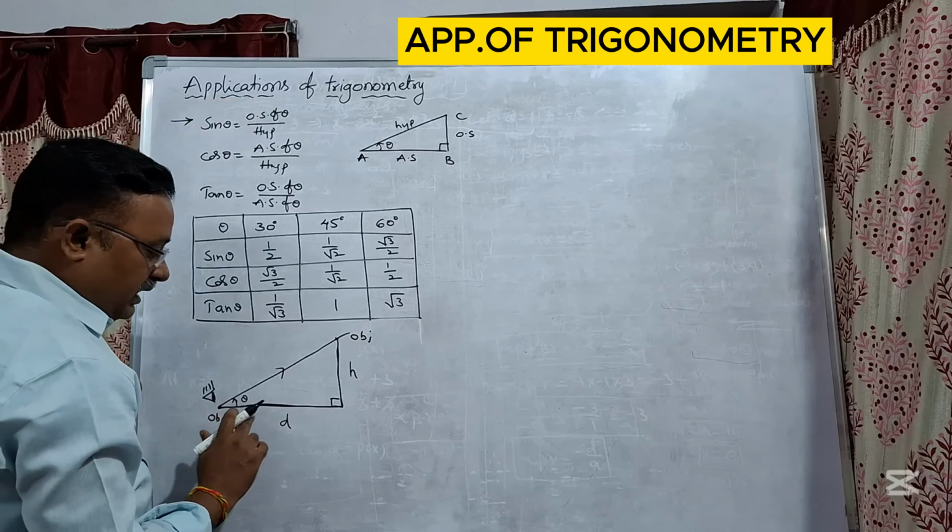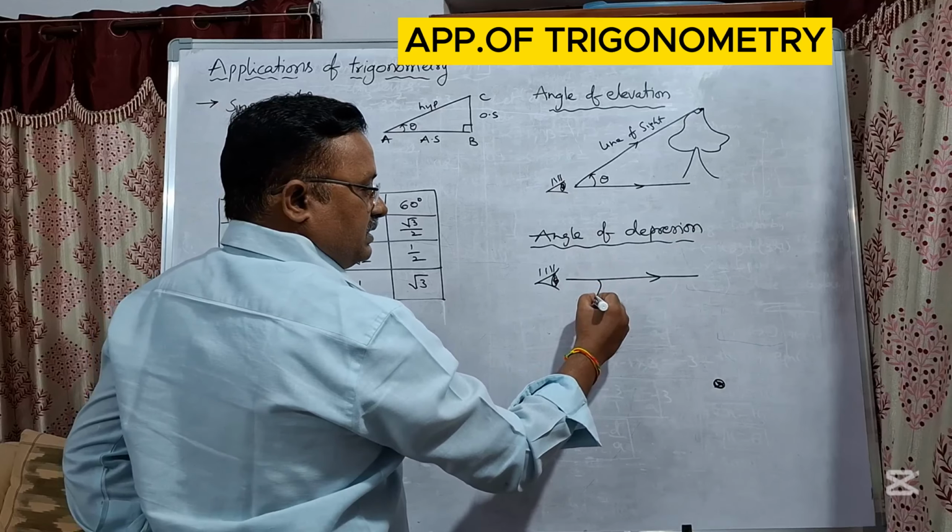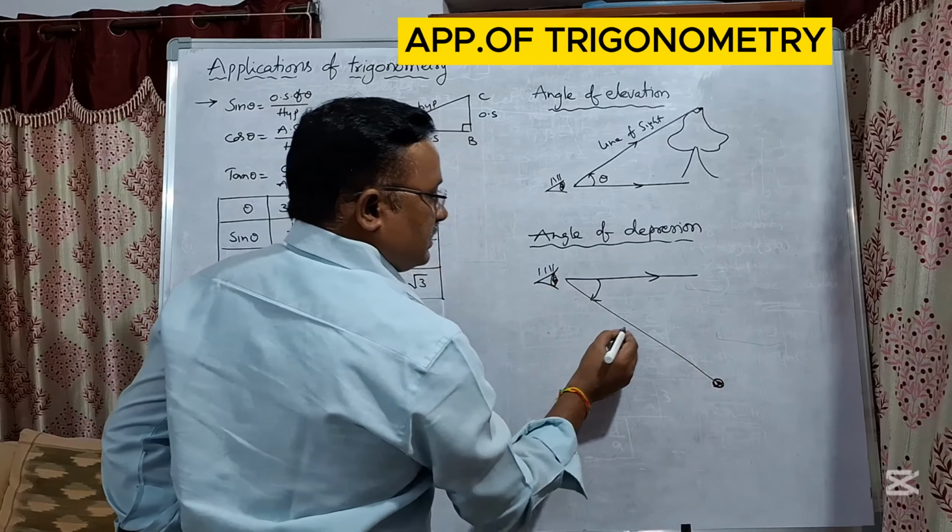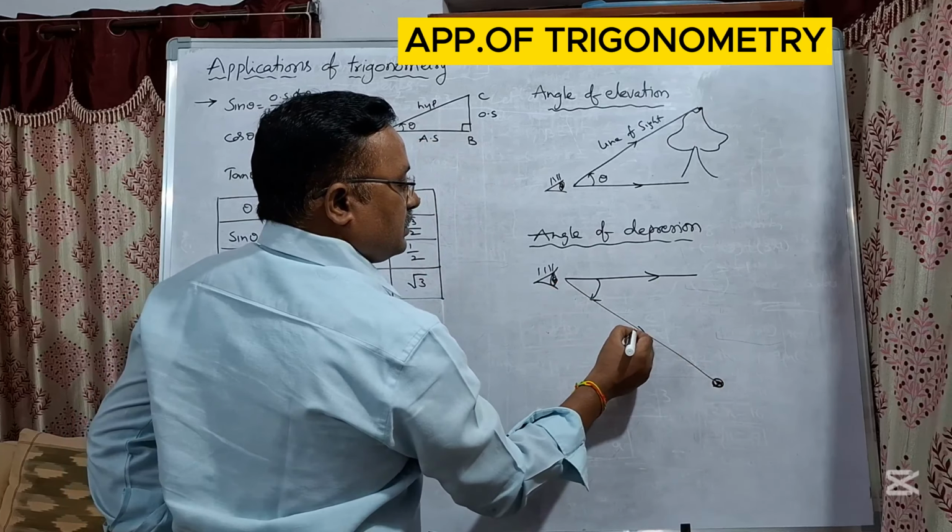If the observer wants to look at a lower object, the target, the line of sight comes down like this. From the normal sight horizontal line, whatever inclination is made downward to observe the lower object is called the angle of depression.